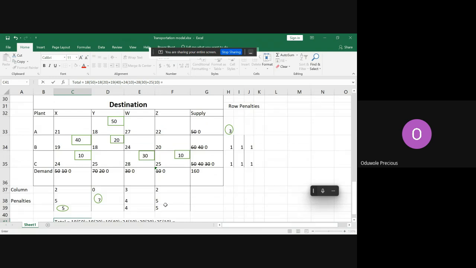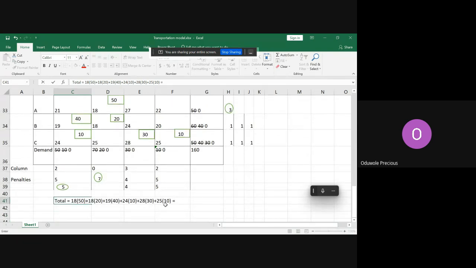if you calculate all of these, all you're going to get is 3,000, 3,000... 2,350.